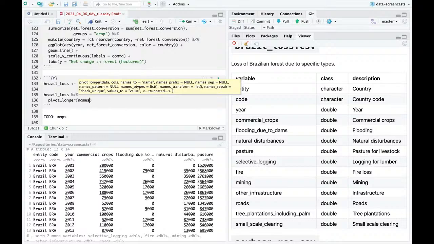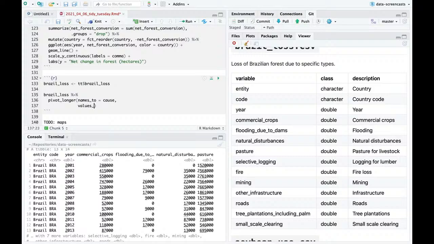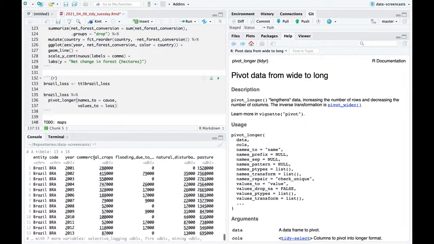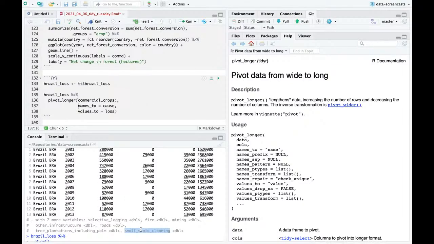Why not? Pivot longer, what I'd say is names to cause, values to loss, and the columns that we're pivoting longer are everything from commercial crops to small scale clearing.